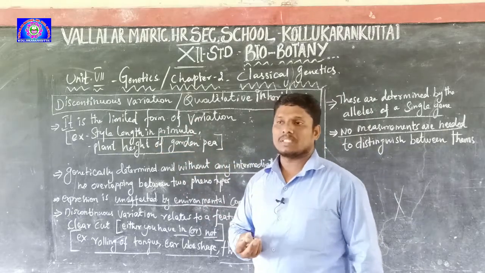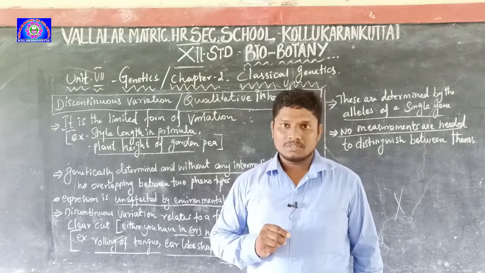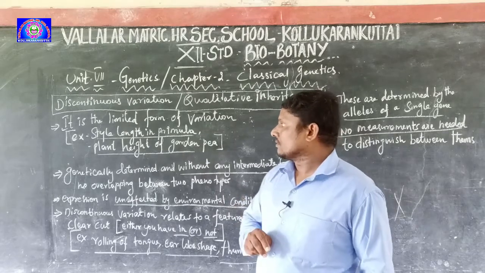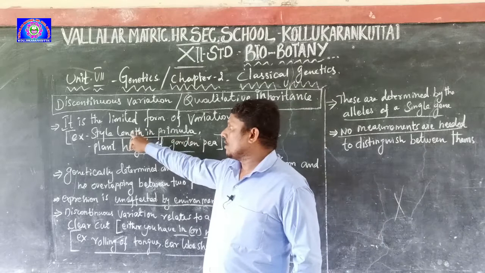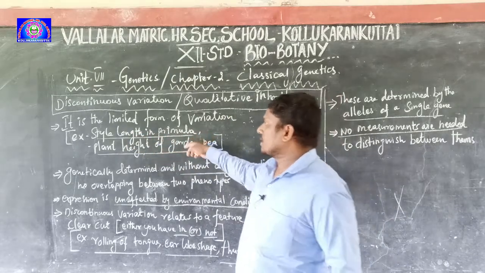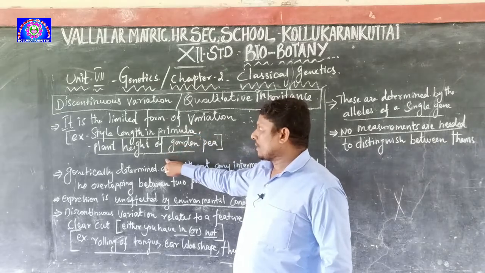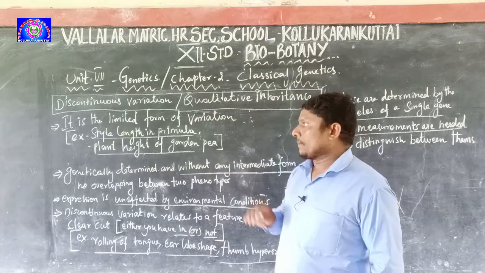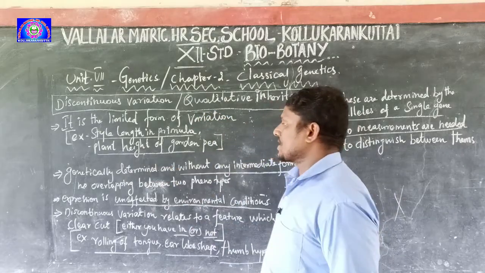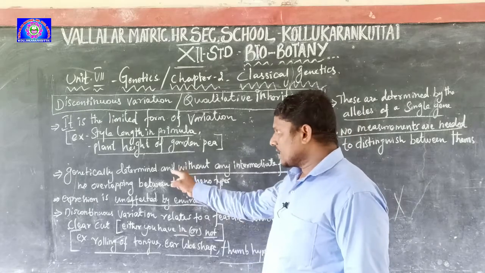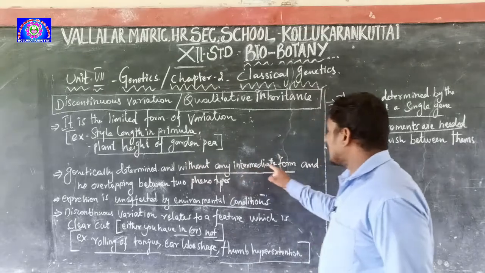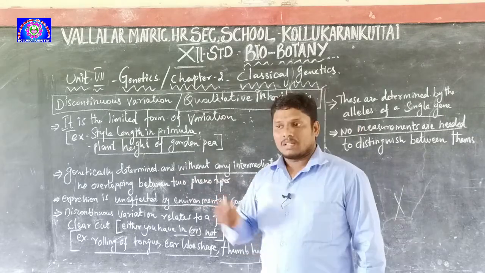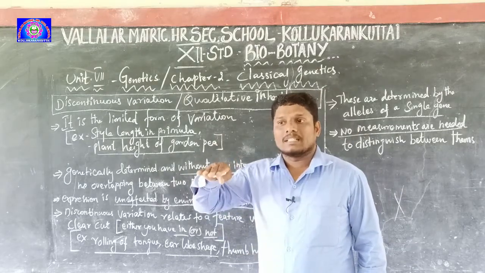Style is nothing but one of the floral characters, which you have already learned in 11th standard. And the second example: plant height of garden pea. Style length in primula is either short or long, and plant height of garden pea is tall or dwarf. Then the second characteristic of discontinuous variation compared to continuous variation: it is genetically determined, without any intermediate form, and with no overlapping between the two phenotypes.